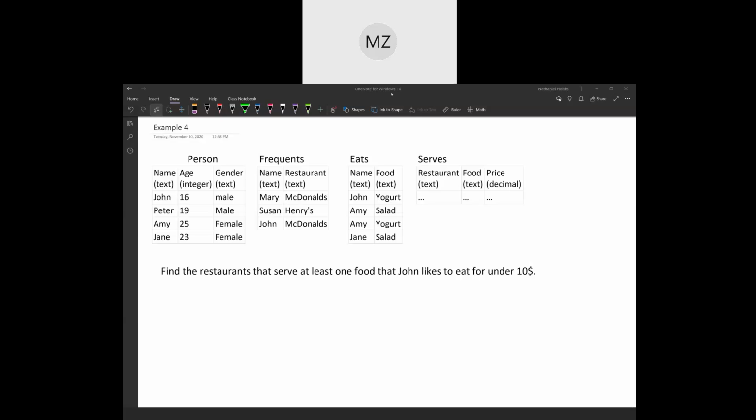So we multiply the person table by the renamed frequency table, where name becomes name 2 in frequency. And then we multiply the renamed serves table, where restaurant is renamed to restaurant 2.